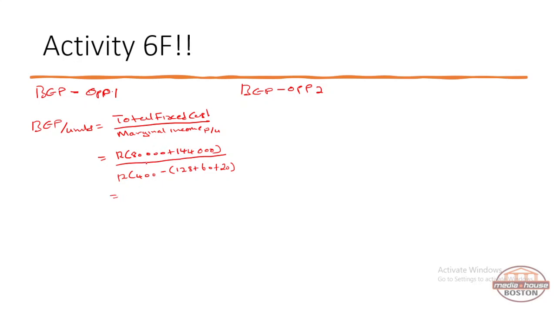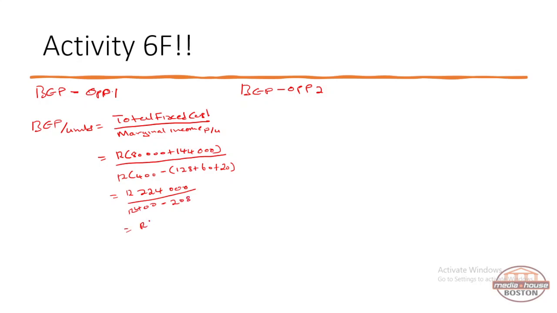So when you calculate all of this, 80,000 plus 144,000 gives us 224,000. And on this side we still have 400 minus, so 60 plus 20 is 80, plus 128, that's going to be 208.